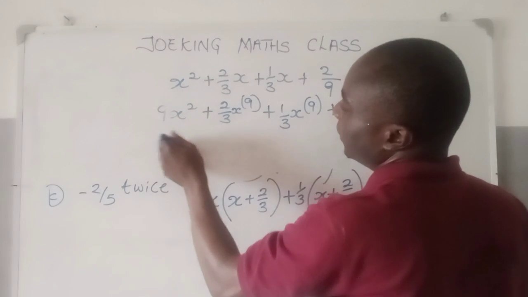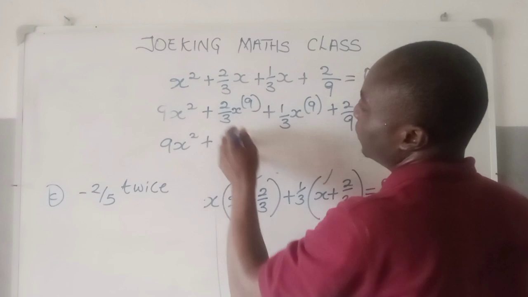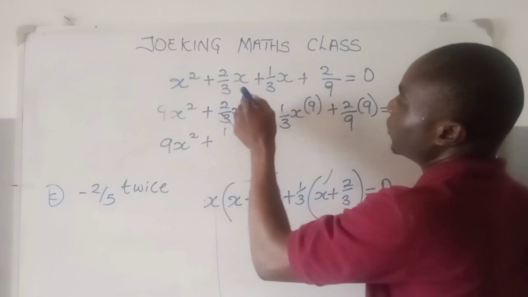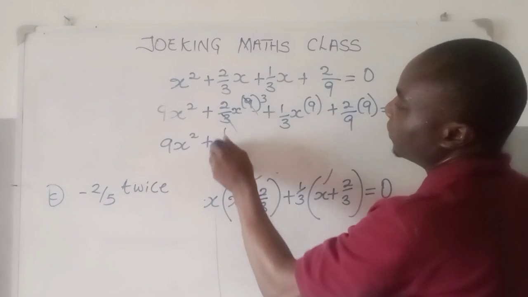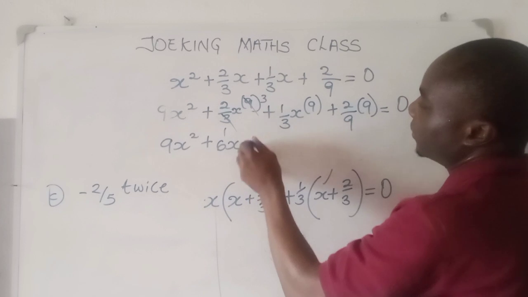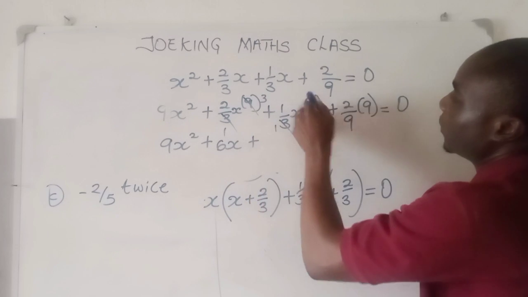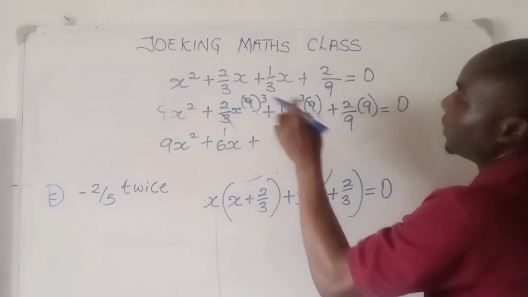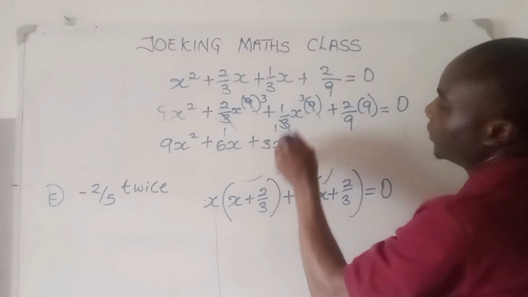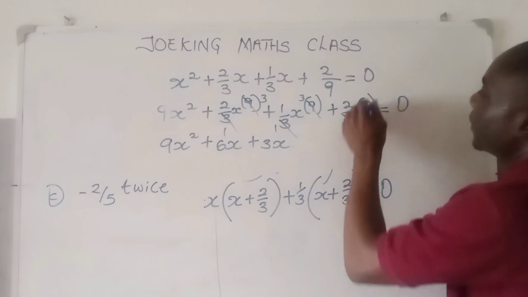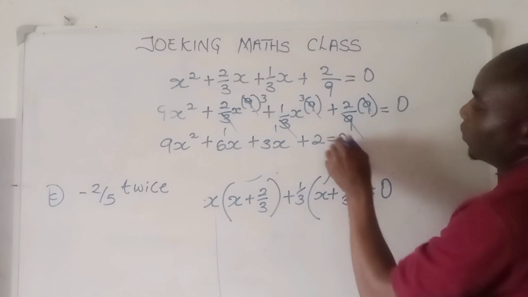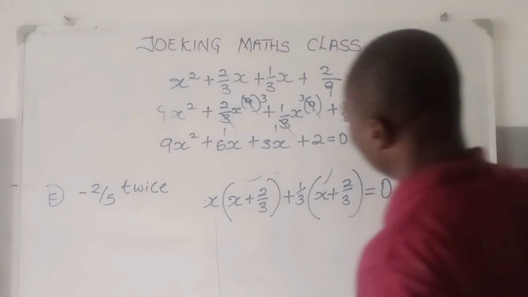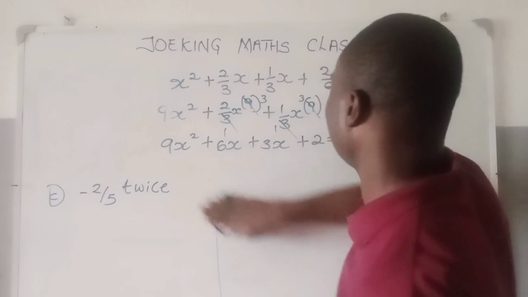So I'll bring down my 9x squared, plus 3 goes into itself once, 3 goes into 9 3 times. So I'm left with 3 times 2x, I have 6x. Plus 3 into itself once, into 9 3 times, 3 times x, I have 3x. Then 9 cancels 9, I'm left with 2. So I bring down my plus 2 equal to 0. The whole thing has now been simplified.